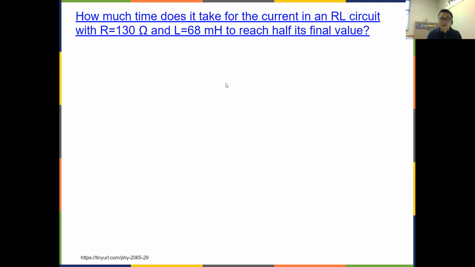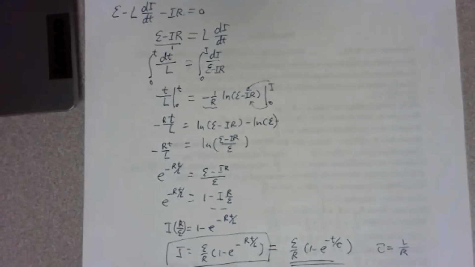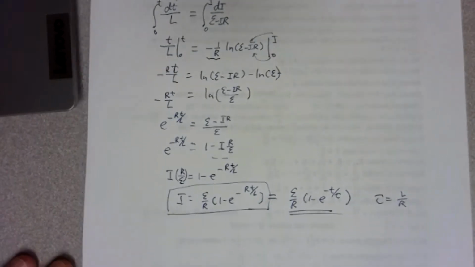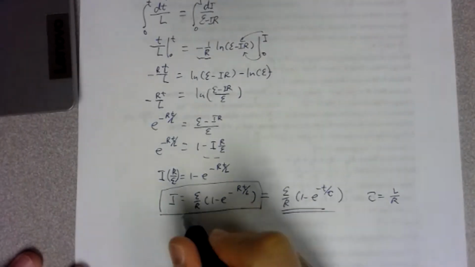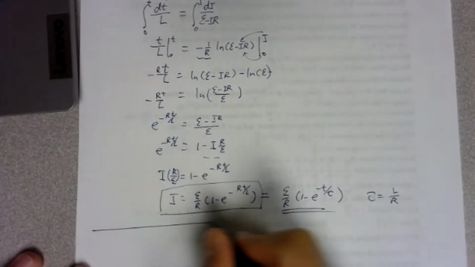Let's take a look at this example here. Let me show the work on the paper. This one says, how much time does it take for the current in the RL circuit with R equal to 130 ohms and L equal to 68 millihenry to reach half its final value? The current as a time function is what you have here.